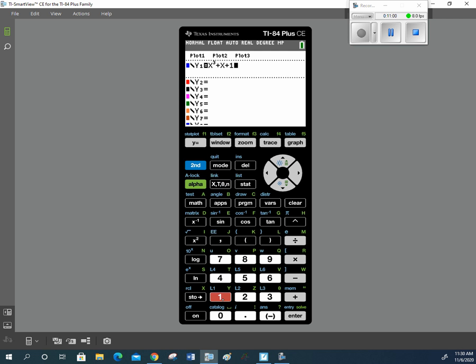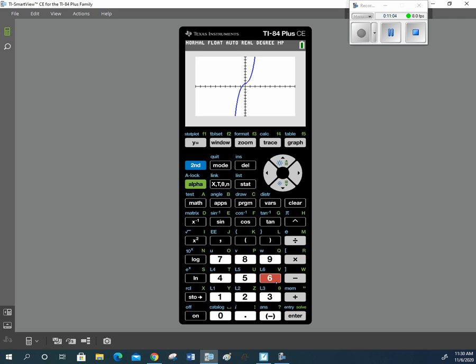And then we'll graph it. I'll hit my zoom 6 so I can see what it looks like. So you can see that it's crossing right here. And you might think, well, maybe that's a fraction. Maybe that's like negative, I don't know, 3/5 or something. It's not, because we did the rational zero theorem test, and if it was going to be a rational number, we would have been able to find it.